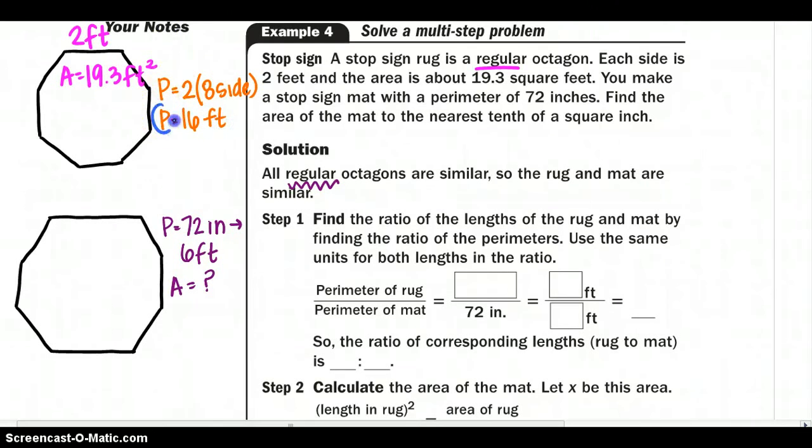So now I have something in common for both of them. I have their perimeters. So the perimeter of my rug is 16 feet. And they use 72 inches for my bottom mat, and we already converted it. So 16 feet over 6 feet, because I just divided it by 12. And I get a ratio of 8 to 3.